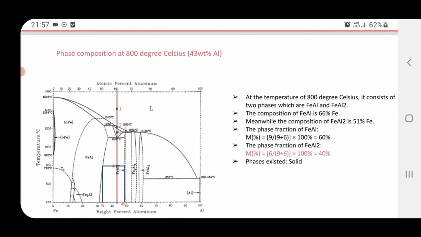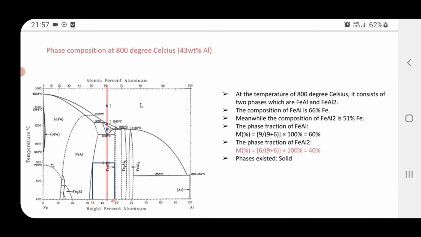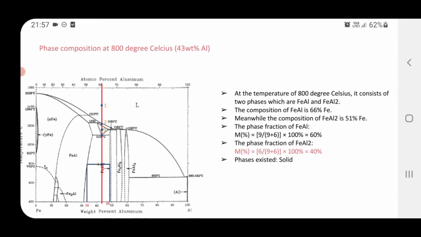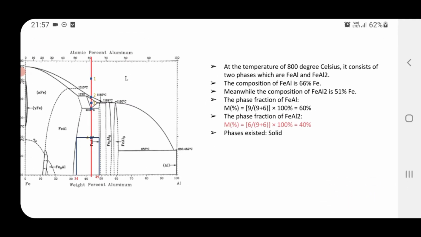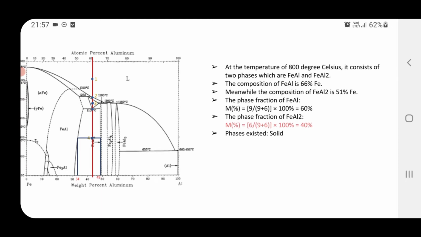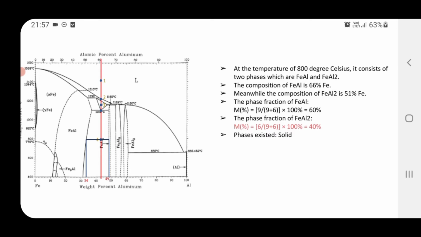For the phase composition at 800 degrees Celsius at 43%, it consists of two phases, which are FeAl and FeAl2, as I mentioned before. The composition of FeAl is 66% Fe. Meanwhile, the composition of FeAl2 is 51% Fe.